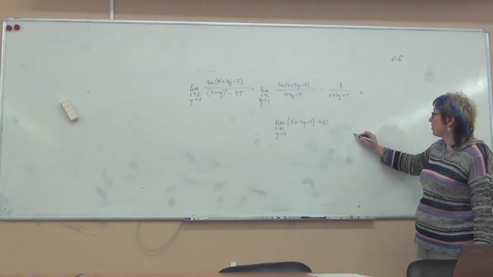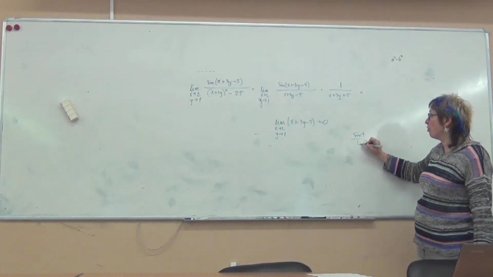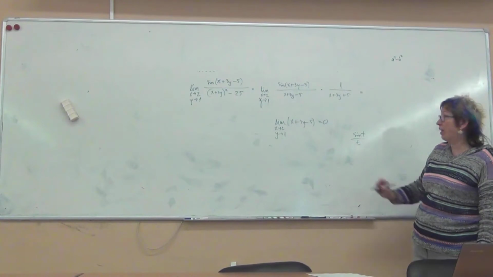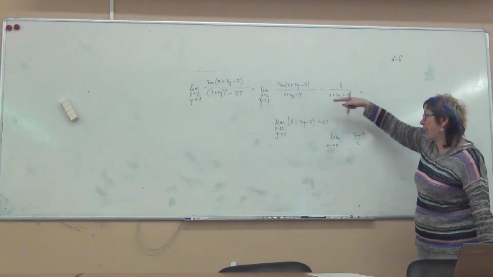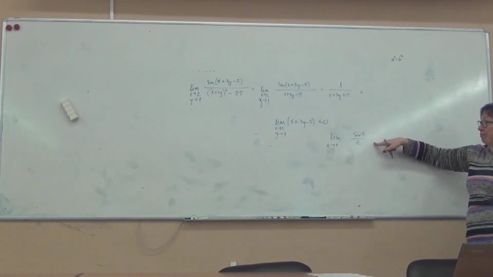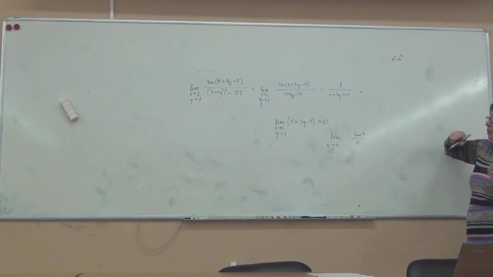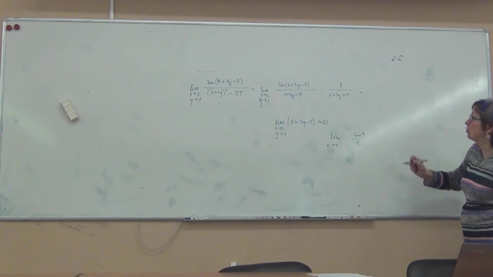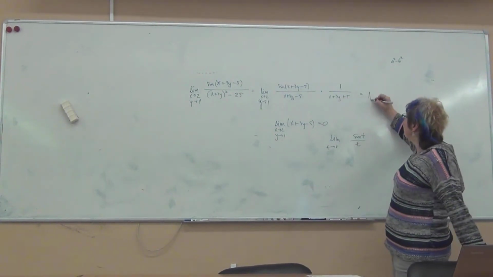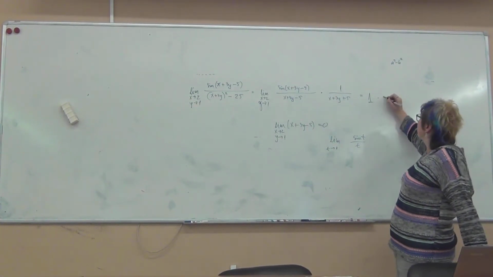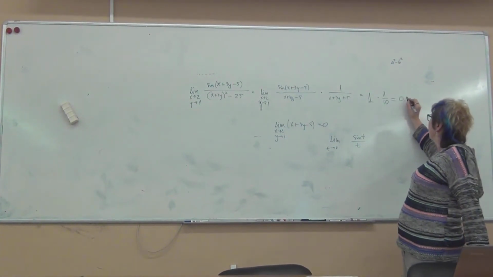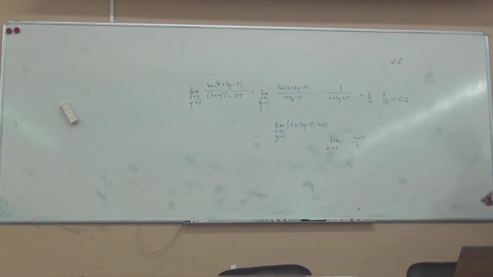Which means it's sine t over t when t tends to 0. This is one, because we have sine of something that tends to 0 divided by itself. It's 1, right? So this limit is 1, and this limit is 10. All right, so that's your limit.